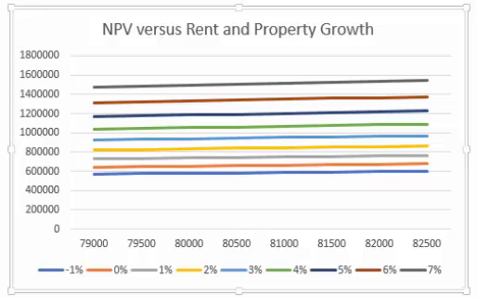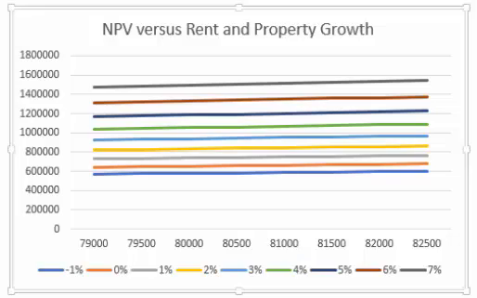A third point that you can take from this graph is that because it's looking at both rent and property growth, you'll notice that the NPV tends not to be very much impacted by the level of the rent for any particular property growth rate.